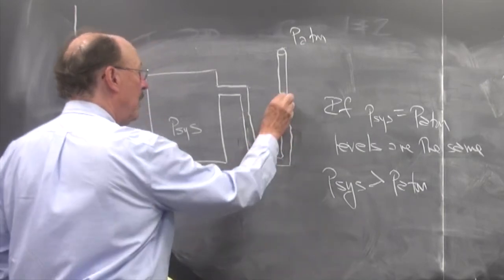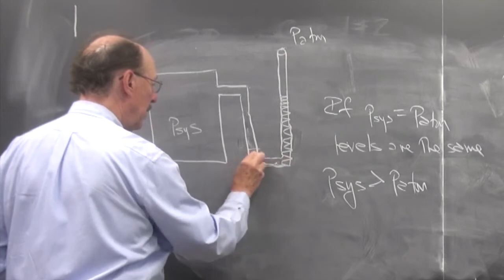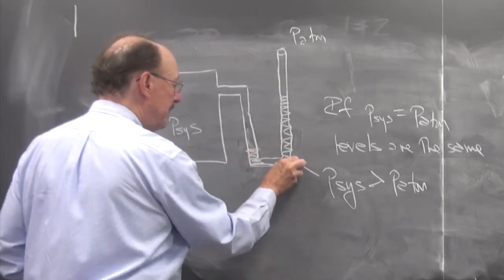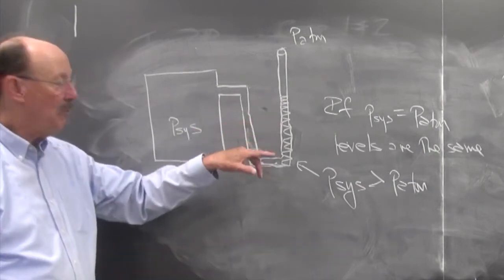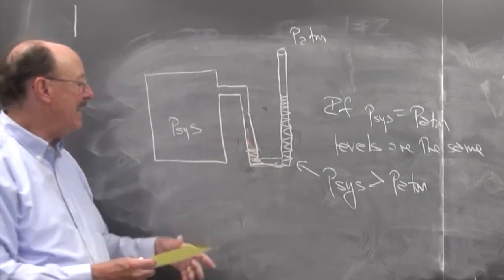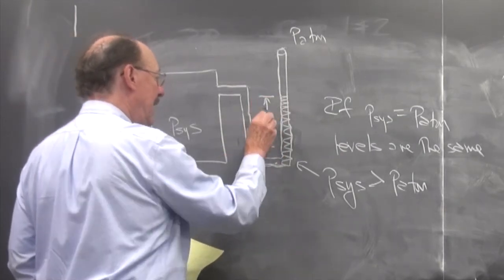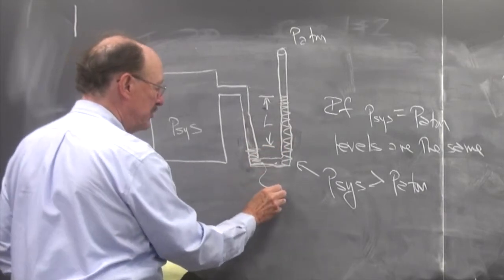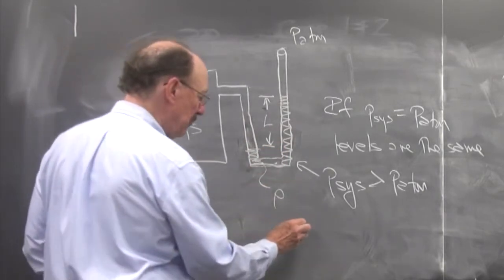So now I have this situation, and it's causing this. So now I want to be able to relate this height, L. It is going to have a certain density rho and acted upon by gravitational acceleration G.